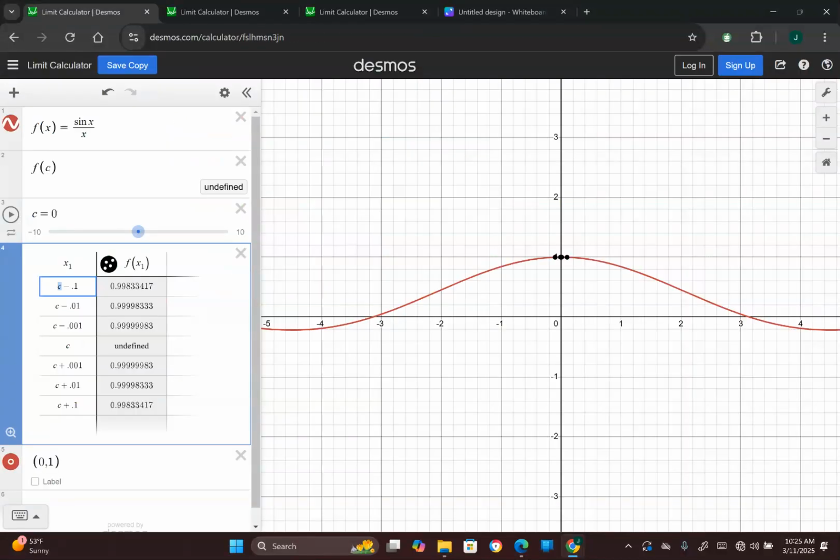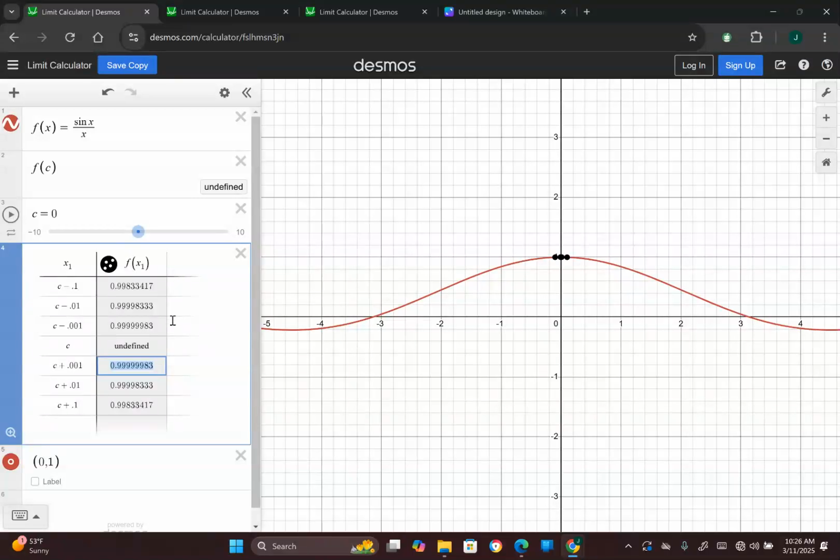We're going to go back to the table. We're going to go a 1/10 of a unit to the right here. Comes out 0.99. That's really close to 1. If I go 100th of a unit away to the right, it comes out even closer to 1. If I go 0.001 to the right, this number is really close to 1.